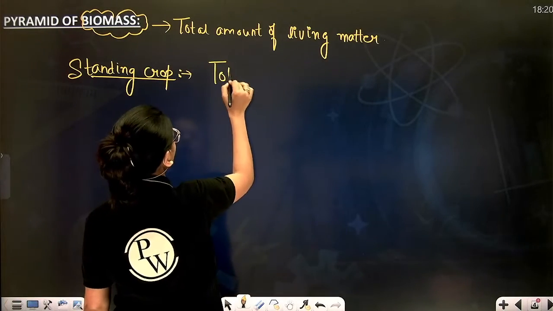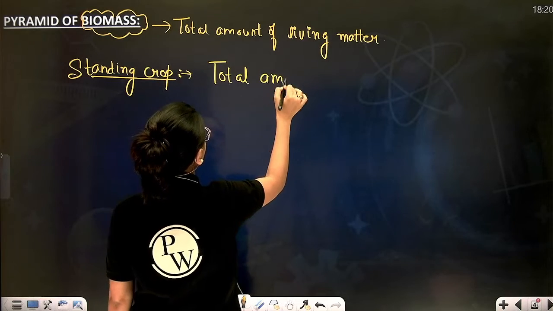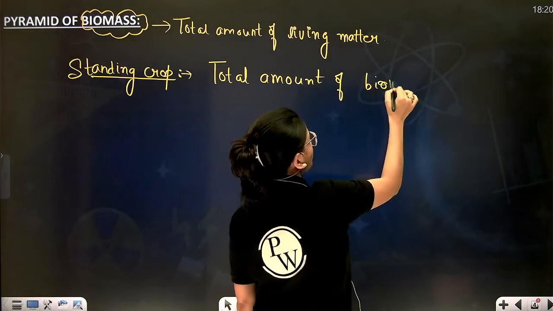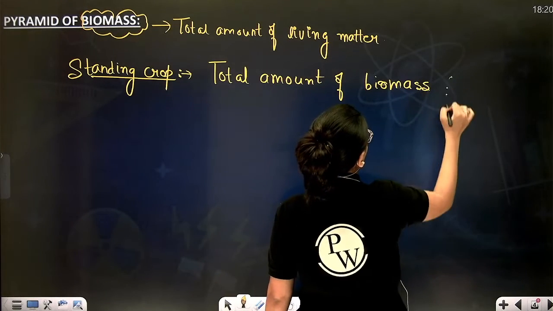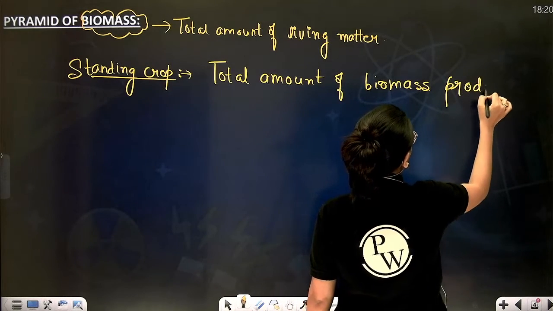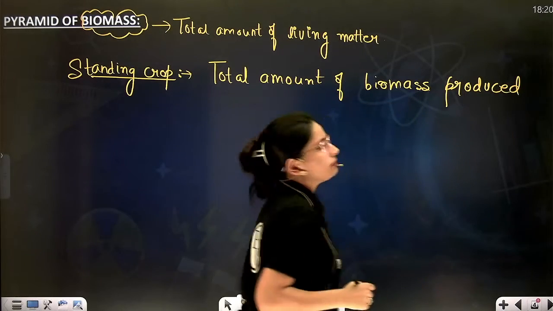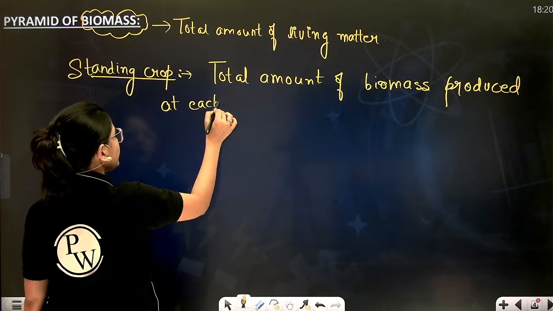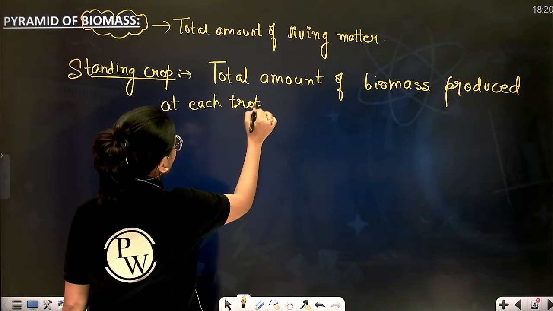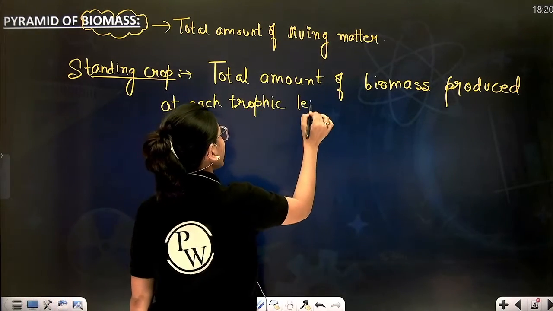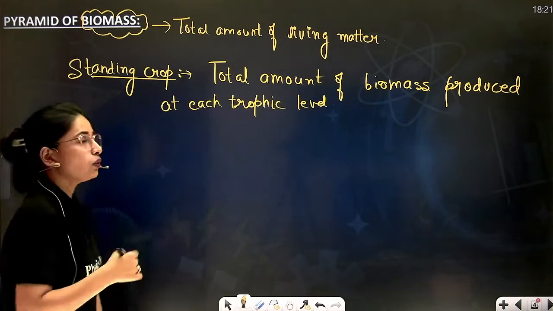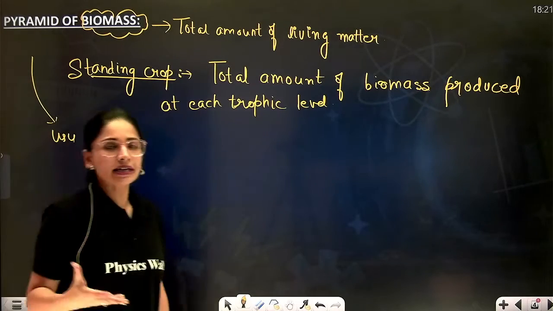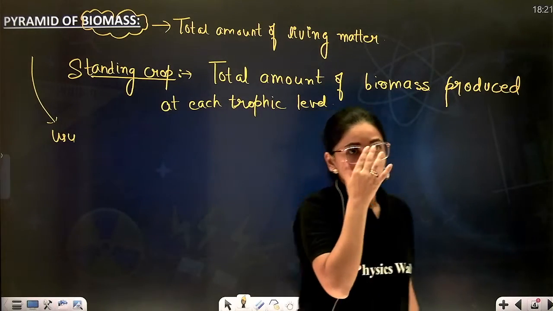So total amount of biomass produced at each trophic level. Now, usually the pyramid of biomass is upright, for example, for grassland ecosystem and for other ecosystems.